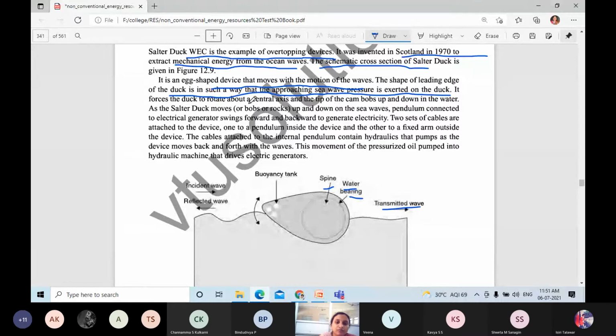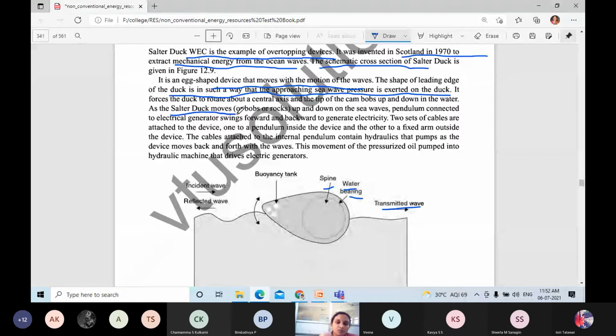It forces the duct to rotate about a central axis, and the tip of the arm bobs up and down in the water.